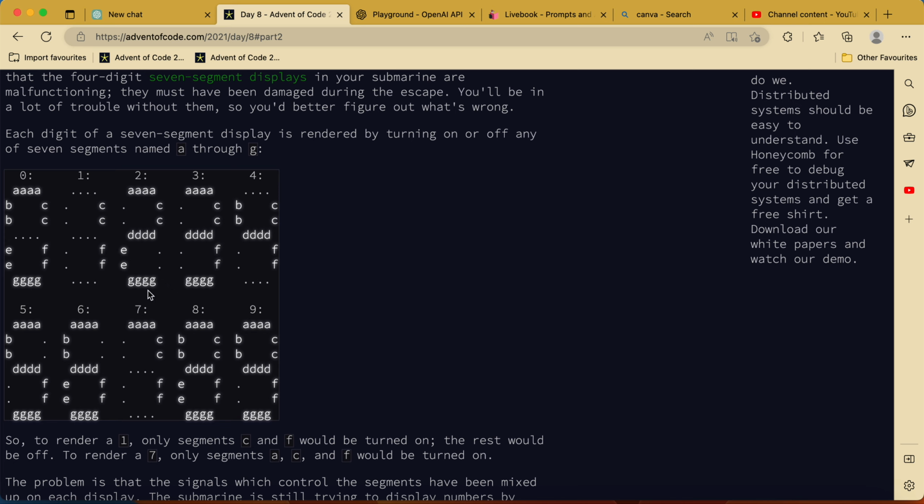All of the others have 5 letters, or 6 like in this case, and we need to know which ones they are to be able to distinguish between 5, 3 and 2 on one side, and 6, 9 and 0 on the other.